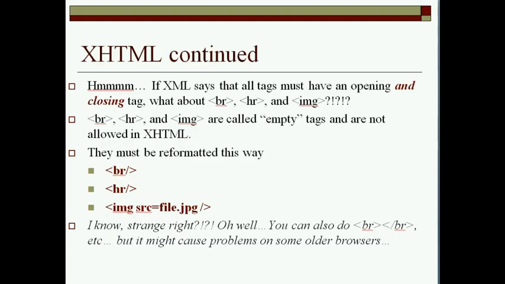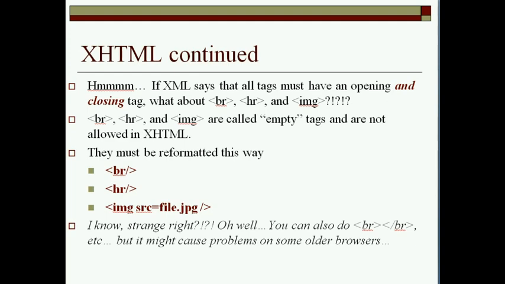So you might say, if XML says that all tags must have an opening and closing tag, what about the break, the horizontal line, and the image, which are standalone tags and they do not have an opening and a closing tag?